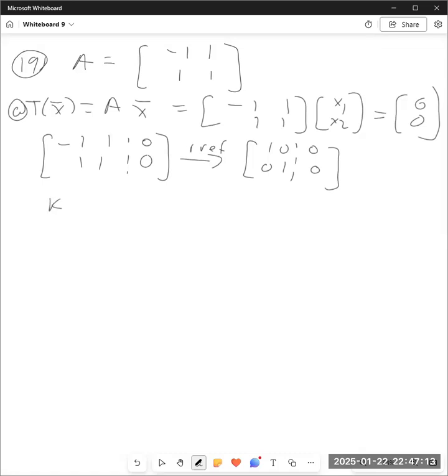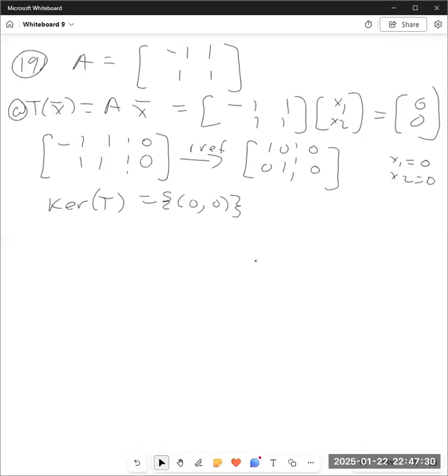So that means that the kernel of the transformation T is x1 equals 0, x2 equals 0. We're talking about just the zero vector there for the kernel.